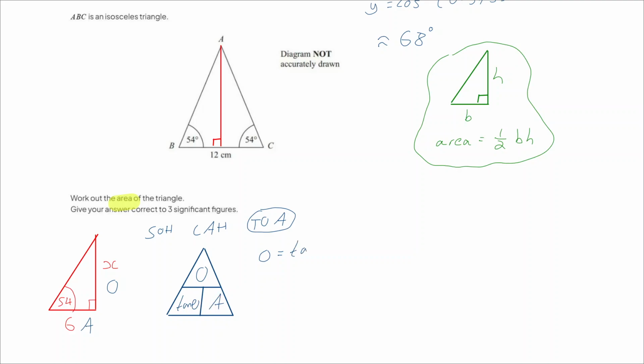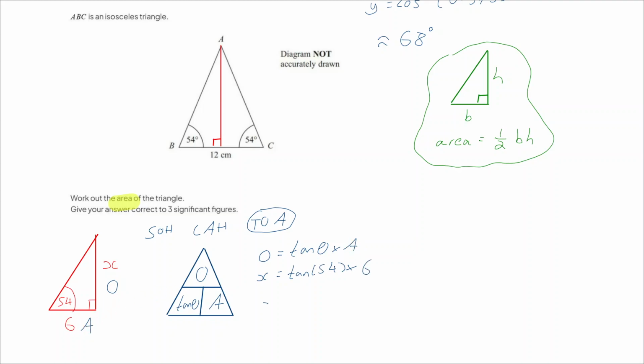Now O, I've called it x, so x is equal to tan of the angle, which we know is 54, and we're timesing that by the adjacent side, which is equal to 6.